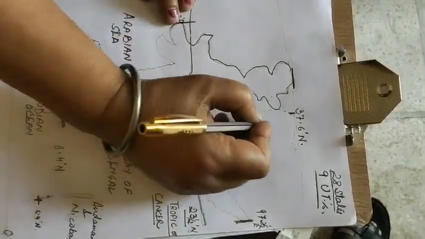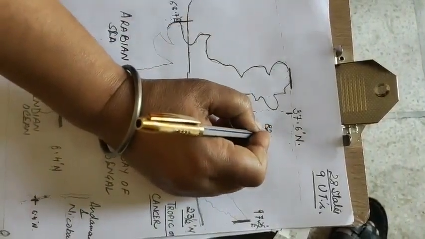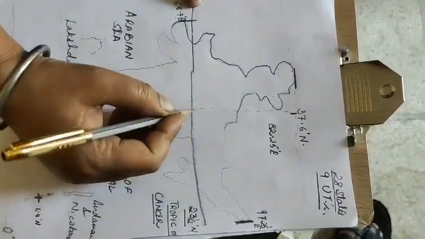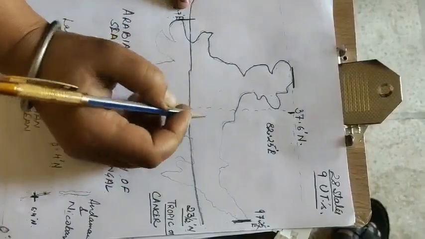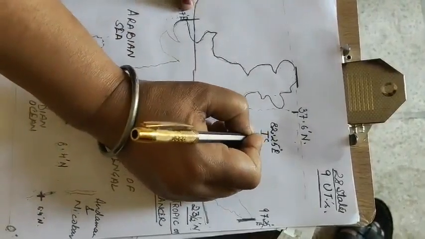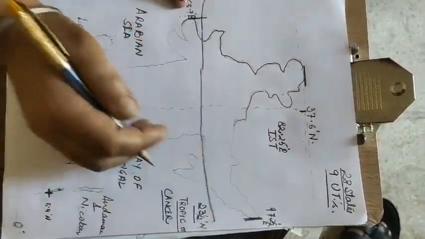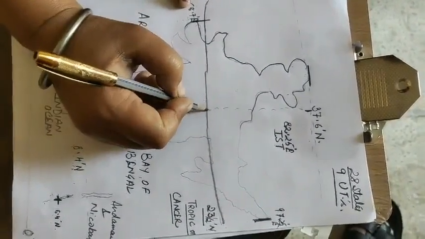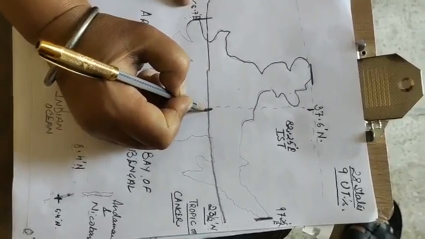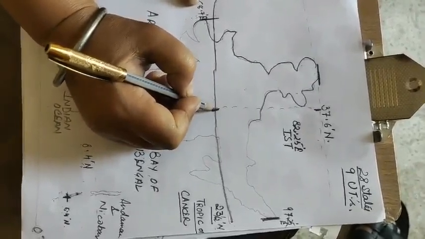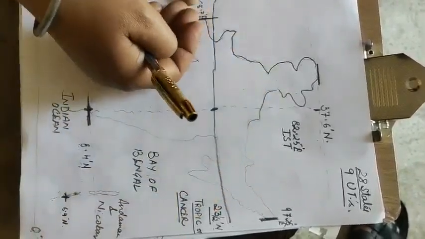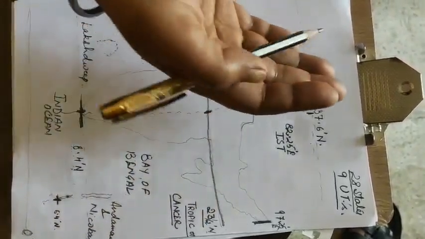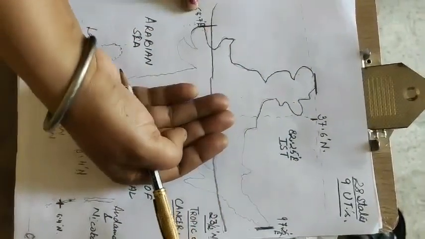This is 82.25 degrees east, and it passes through Mirzapur, which is considered as IST, that is Indian Standard Time. So the whole country follows the time of this particular meridian to avoid the confusion of time. This is what we have done for the location of India.